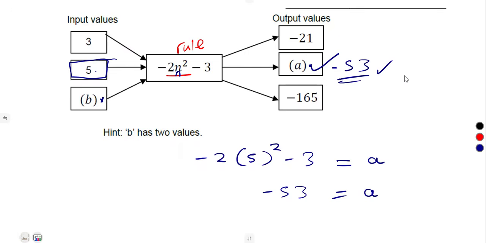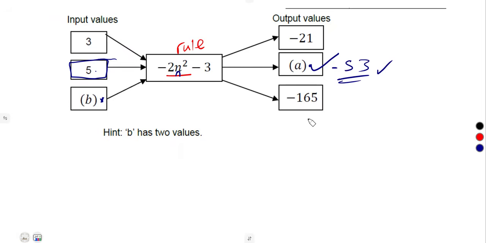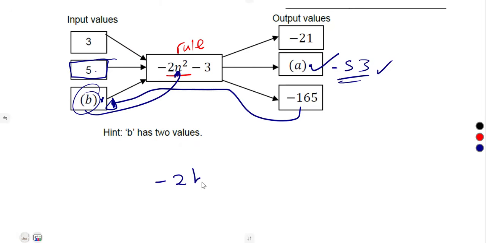So what if our output is negative 165? What was the input there, the b? If we put b in place of n, it's going to be minus 2 b squared minus 3. We inserted in place of n the input, which is b.